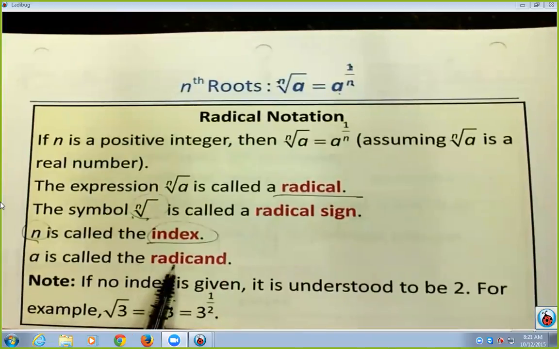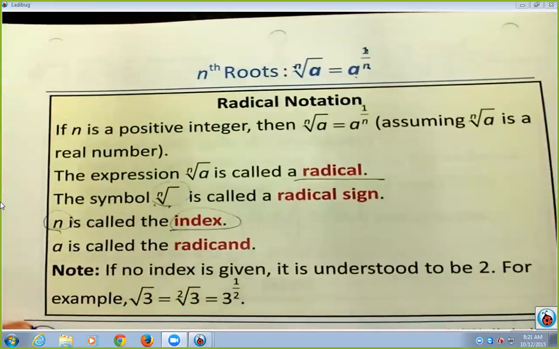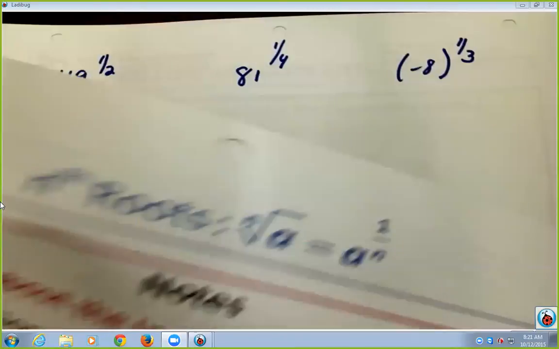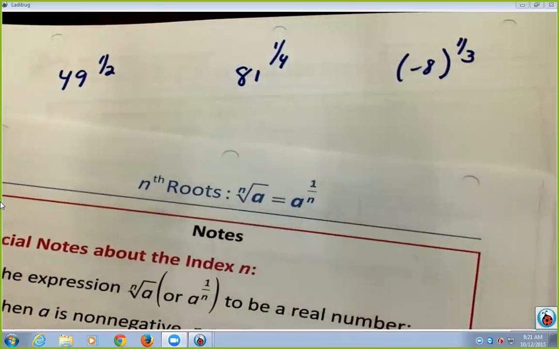We talked about those the other day, so I know those aren't anything brand new. So if there's no index, it's understood to be a 2. So you want to make sure you have a 2, such as if I had the square root of 3, there's a little 2 here, or I write that in the fractional form or radical form by putting it as 3 to the 1 over 2. So it's turned it into a fraction at that point.